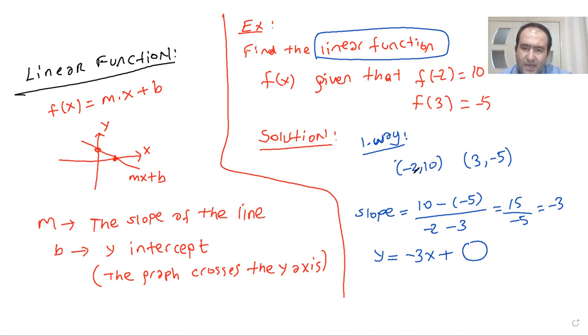When you give -2, you must find 10. Or when you give 3, you must find -5, okay? We give -2, -3 times -2 is positive 6. So this is 4. So y is -3x plus 4.